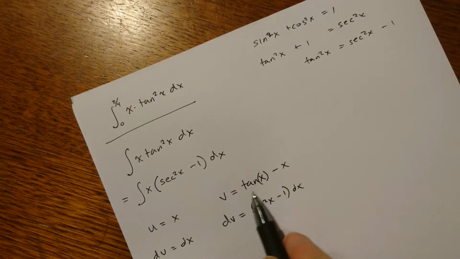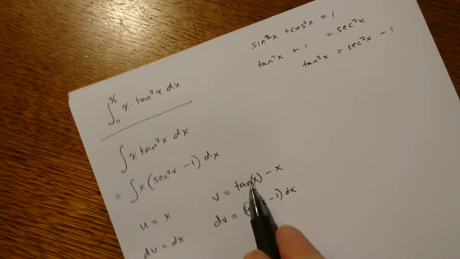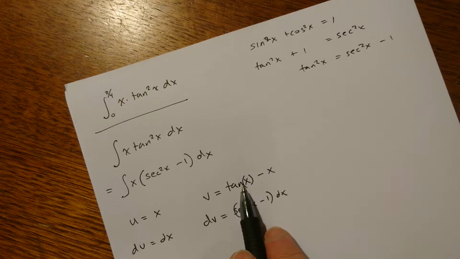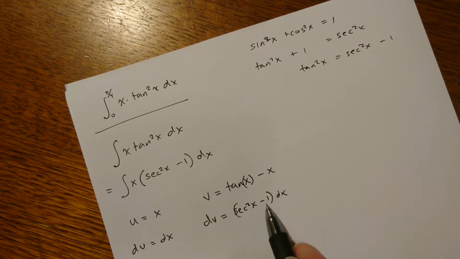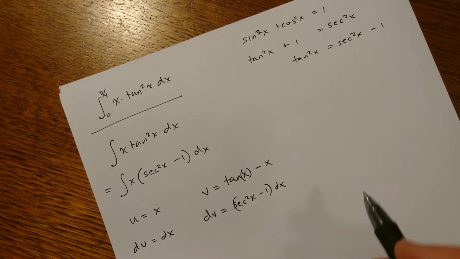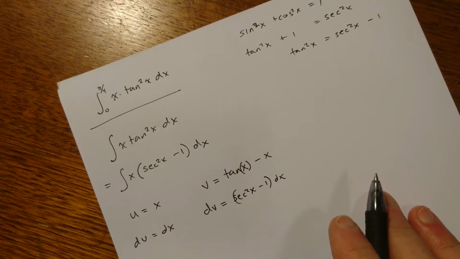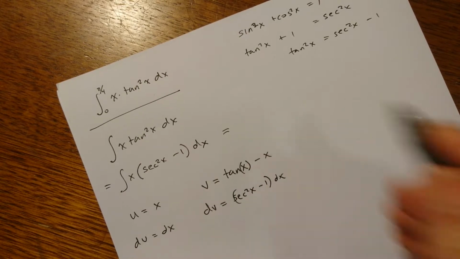Right, so if you don't remember this one, you can look it up, or you can use the quotient rule if you remember that tangent is sine over cosine of x. When you do the quotient rule, you find that the derivative of tangent x is secant squared, and then of course the derivative of negative x is negative 1. All right, so let's see what this does for us. Put this into our parts definition.